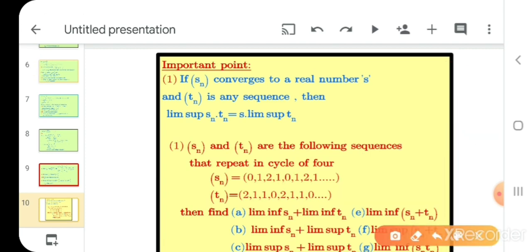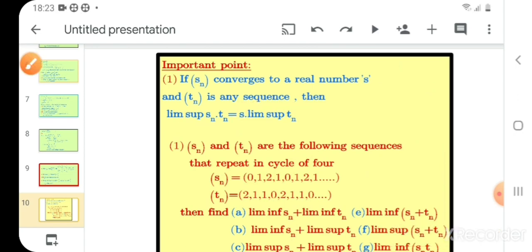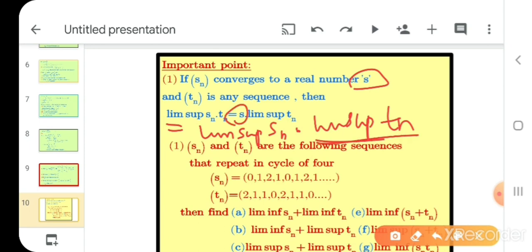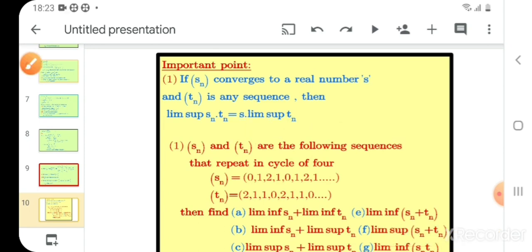Already we know the limit of Sn is S. So I write S into limit supremum of Tn, and we have to find limit supremum of Tn here. Is it clear? This is one important point.